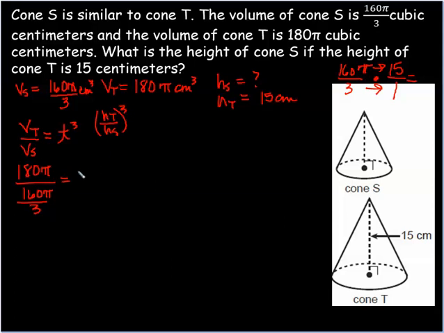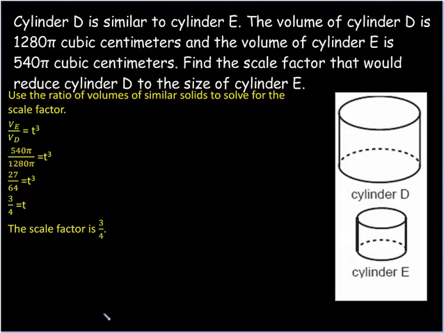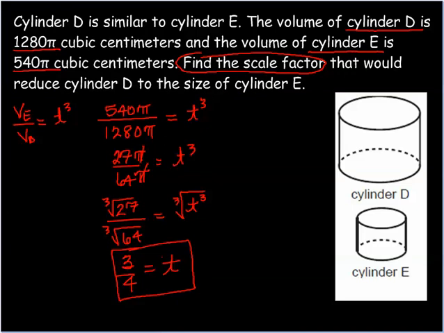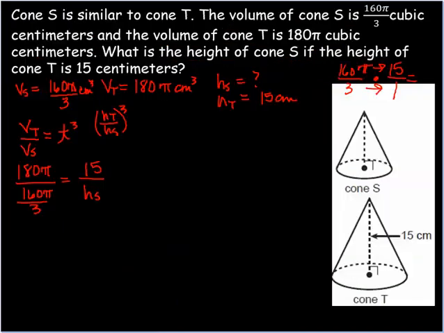So for HT, I'm going to plug in 15, and I still have my HS. And remember, H is just standing for the height. Whoa! I was trying to make a parenthesis. There, I better do it a little slower. I think I did it too fast and it changed my slides.